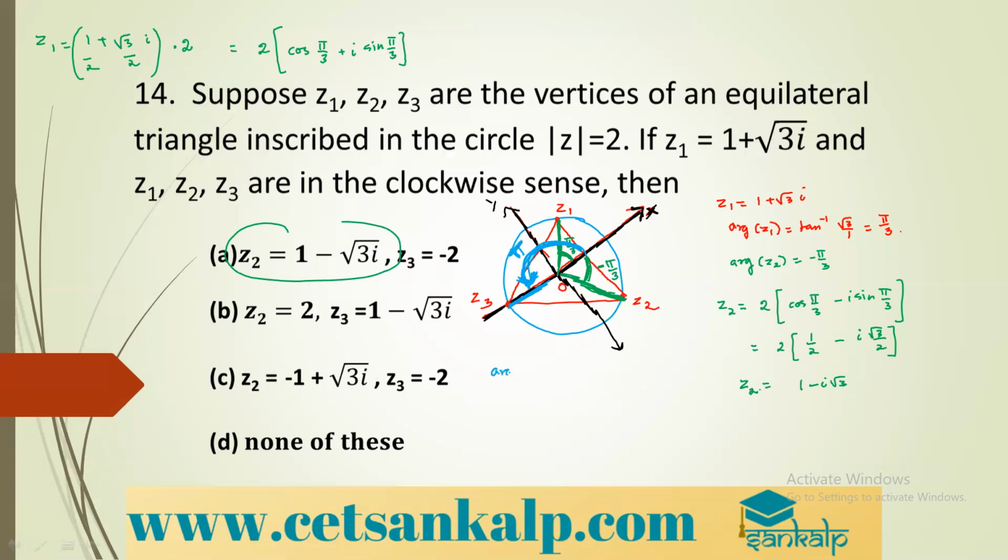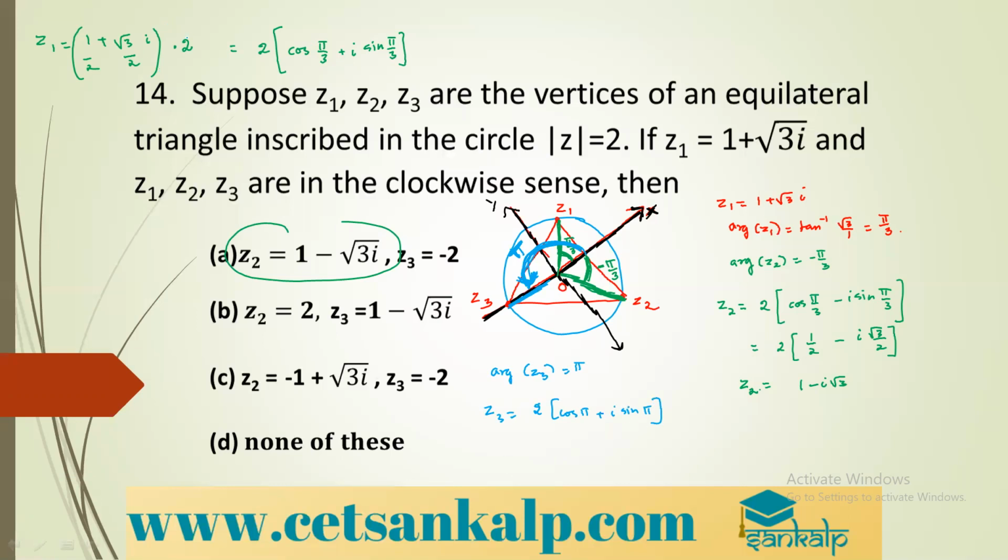So I will take argument of Z3 as pi. Z3 I can write as 2 into cos pi plus i sin pi, because modulus will be same everywhere.